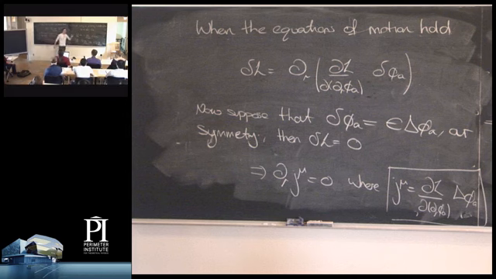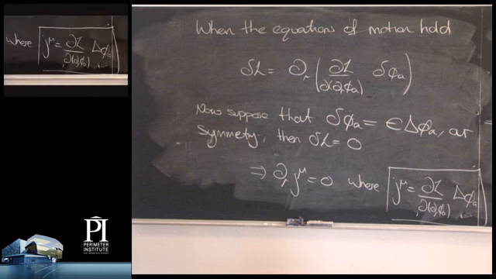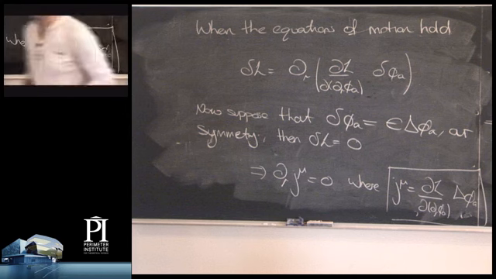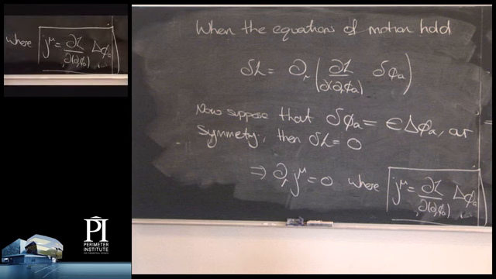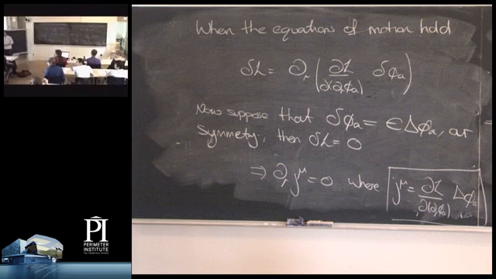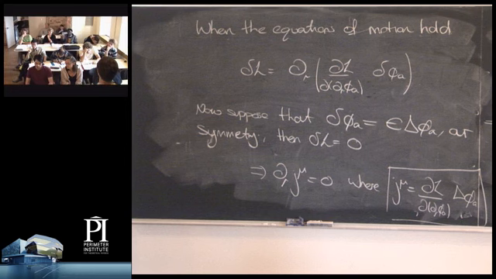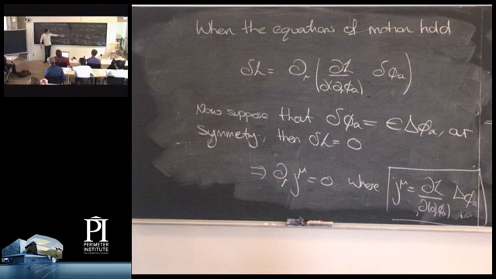Do you have a question? So why can we neglect the issue of the field varying with a very small epsilon, instead of just putting epsilon delta phi, just put a delta phi? Because if I'd assumed that this was small by definition, there wouldn't have been an epsilon, but I wanted to make it clear.